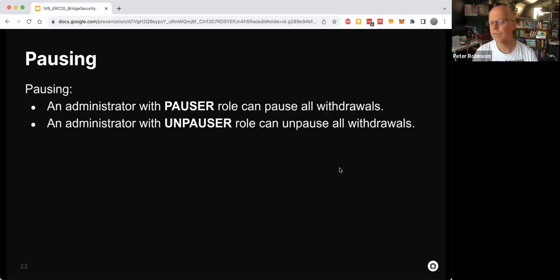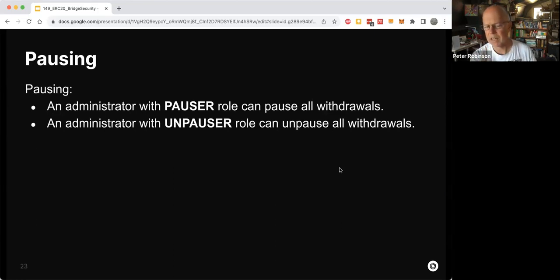And so the first thing is to have pausing. So essentially be able to pause withdrawals and deposits, but withdrawals importantly. And so you need to be able to essentially stop any of the actual money leaving.